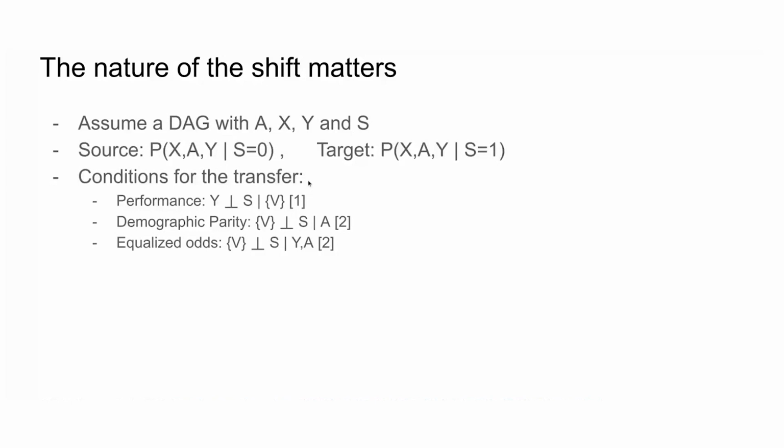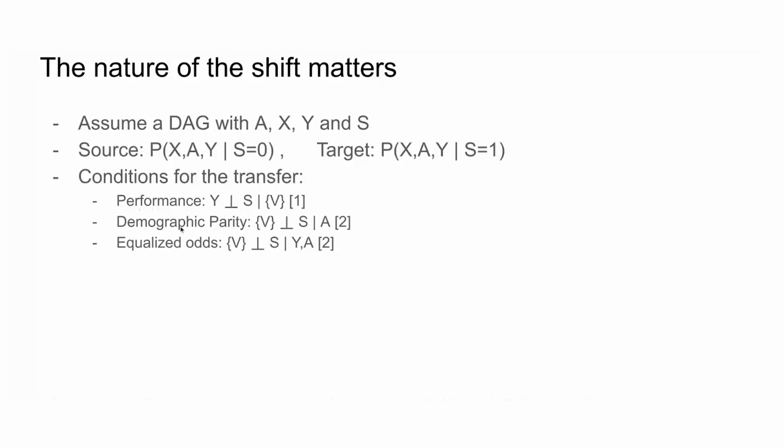Whatever set of variables we consider for modeling our application, if we want performance to transfer, what we want in terms of conditional independence is that our label is independent of the environment, given those variables that we want to include in the model.